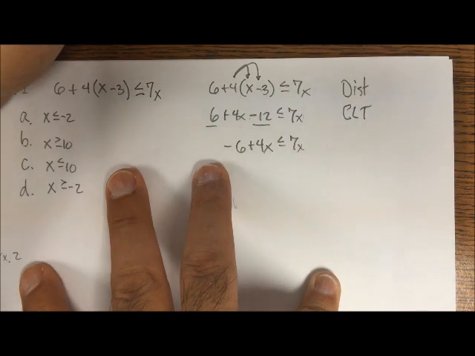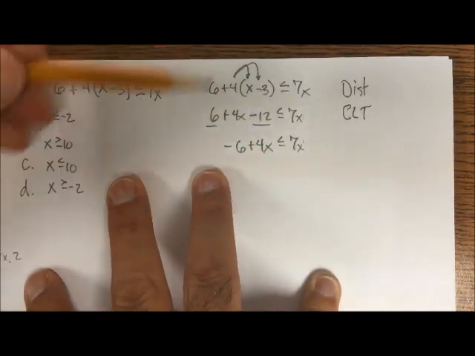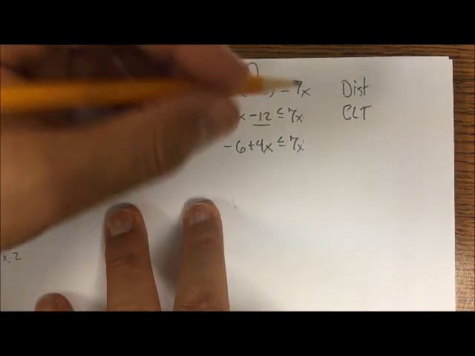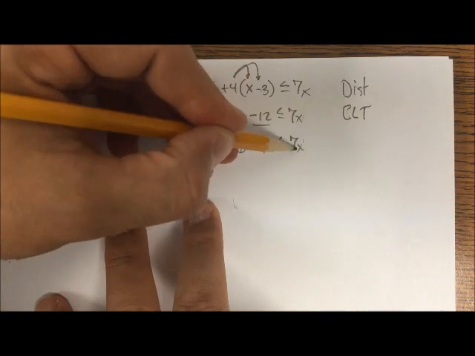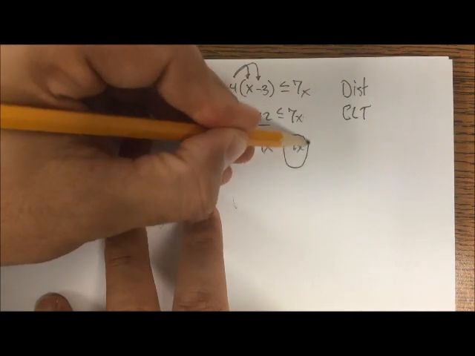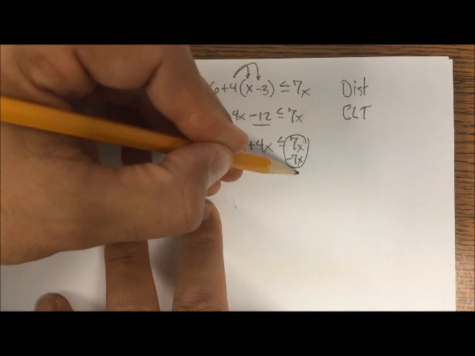Now, a couple of ways to do this. You can take the x to the side if you like. It's not a problem. Let's just stick with our idea that we're always going to put the x's on the left. So in order for the x's to be on the left, I need this to be 0, and the way I make 0 is subtracting 7. 7 minus 7 is 0.